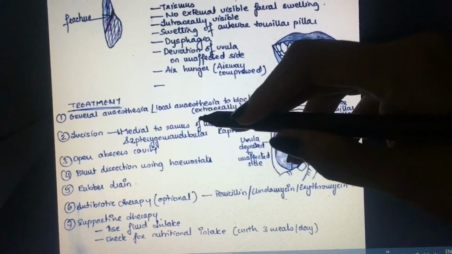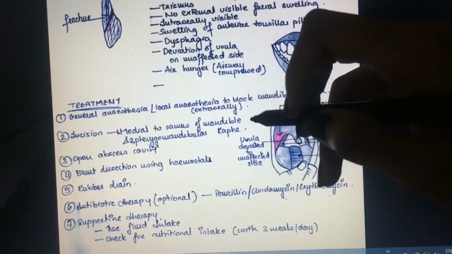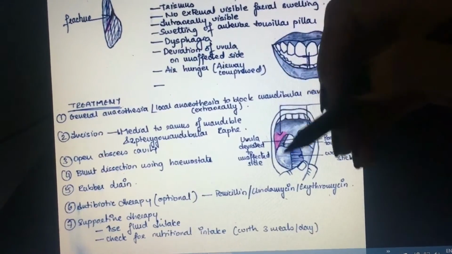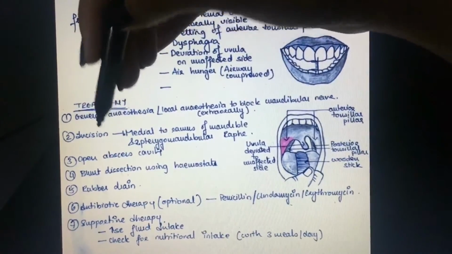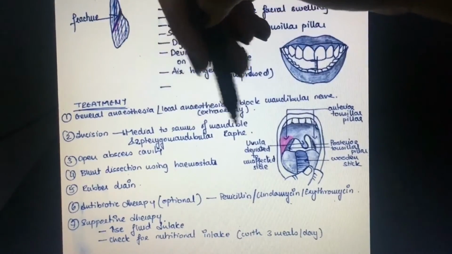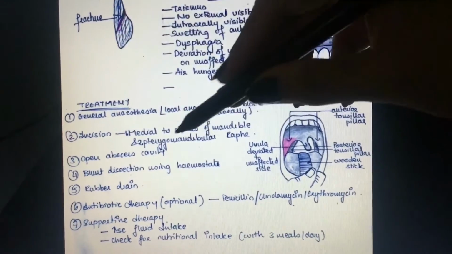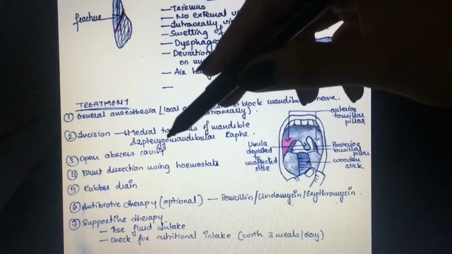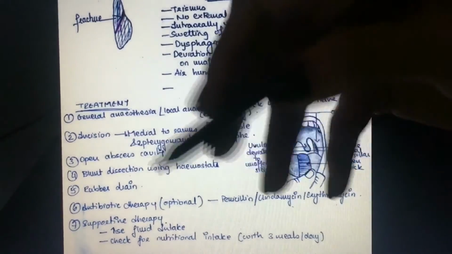So we recommend general anesthesia, or local anesthesia to the mandibular nerve, but extraorally. The next step is the incision. The incision can be made in two ways. Either it can be made on the medial aspect of the ramus of the mandible, or secondly you can give an incision along the pterygomandibular raphe.